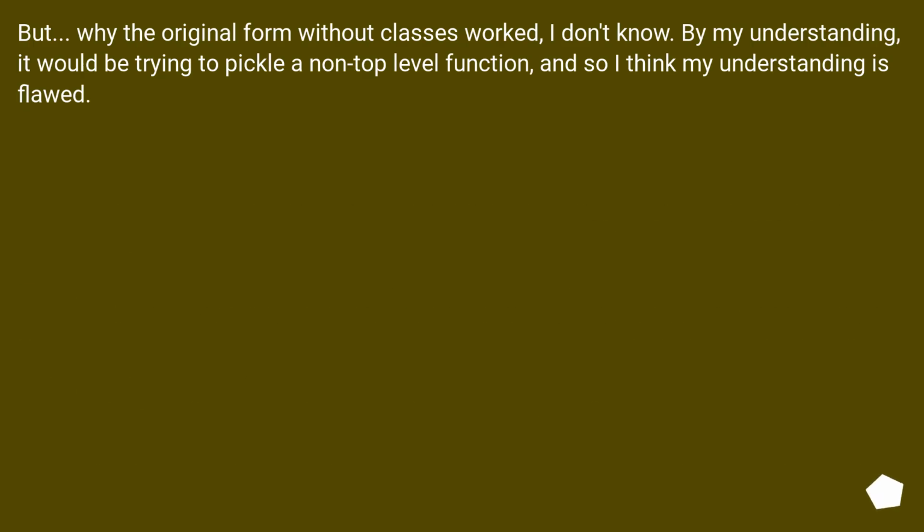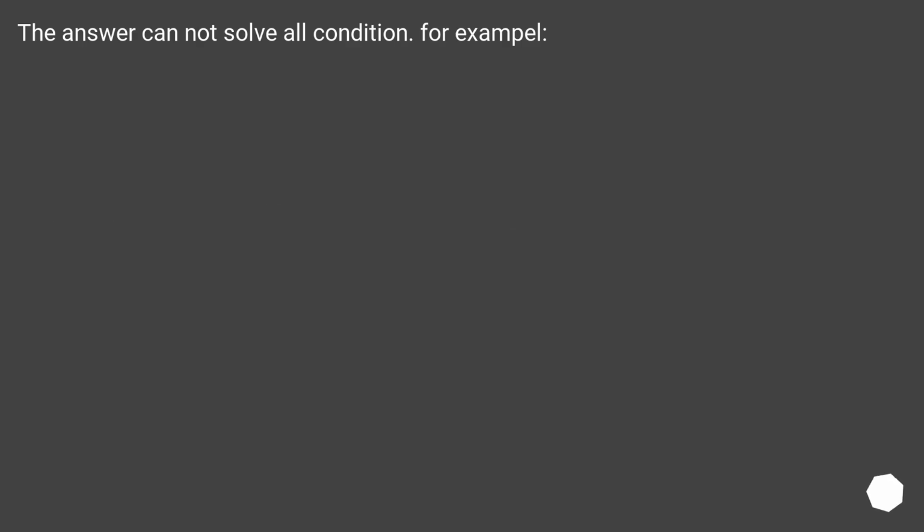But why the original form without classes worked, I don't know. By my understanding, it would be trying to pickle a non-top level function, and so I think my understanding is flawed. The answer cannot solve all conditions.